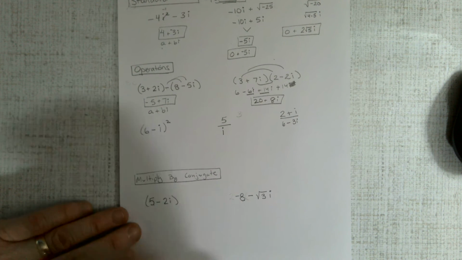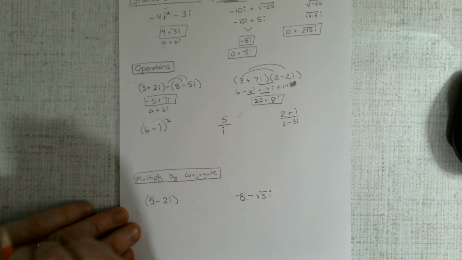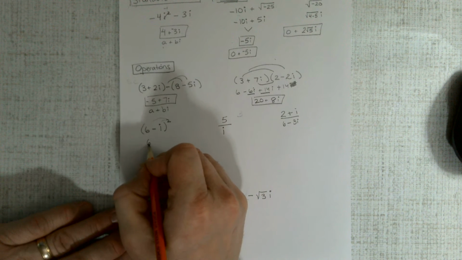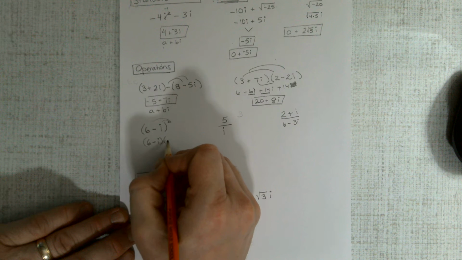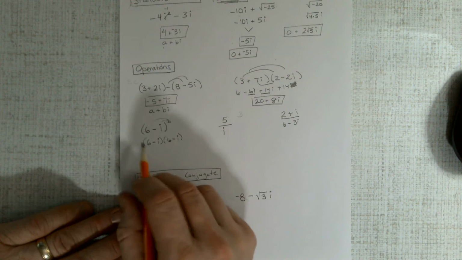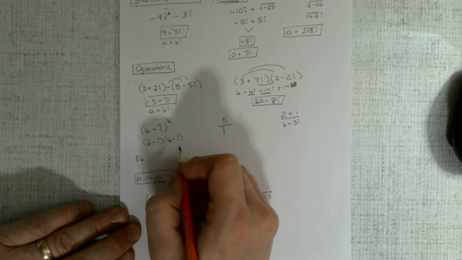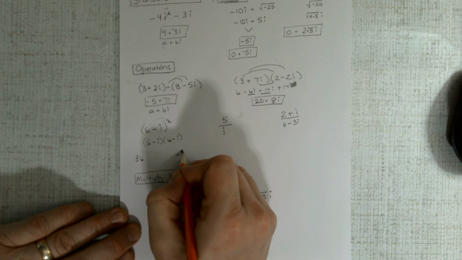Alright, working down here, if you see something being squared, you can't distribute that in there. That does not work. You must write it twice and then FOIL it. Let's see if we can FOIL this faster. First ones are 36. The last ones are a positive i squared.